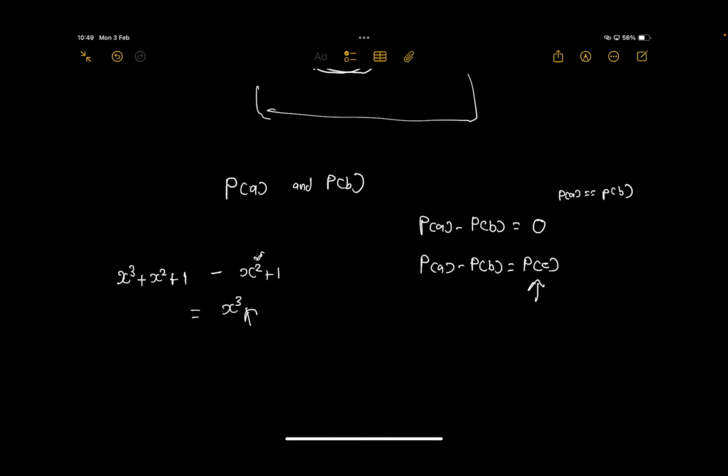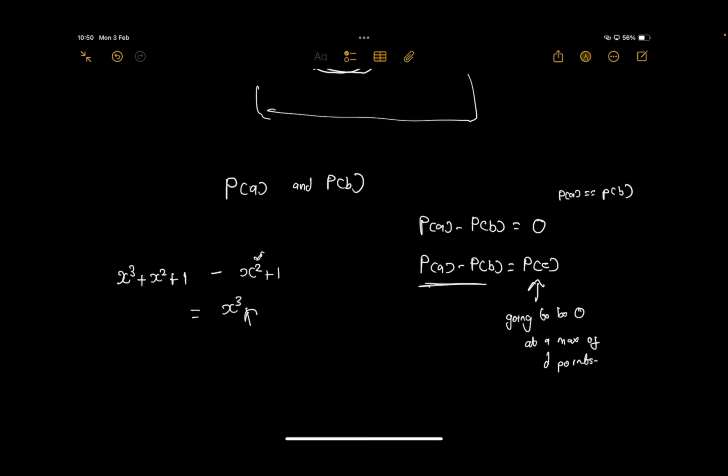Okay, so we know now that this P of C is going to be 0 at a max of D points. If it is 0 at a max of D points, that should tell us something about these two.